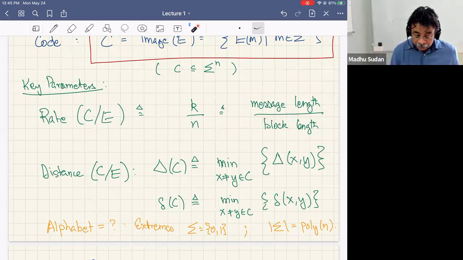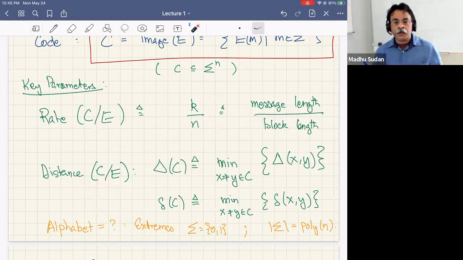A second thing that we will be interested in, at least initially, just to give us some sense, is distance. If the code happens to have lots of sequences which are very close to each other, at least in the Hamming sense, when the adversary is introducing errors, they can take us from one valid code word to something completely different by introducing very few errors.